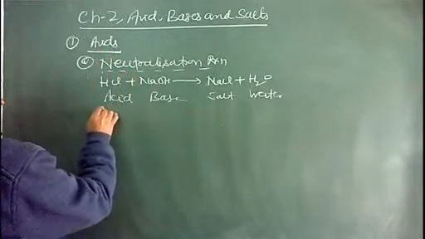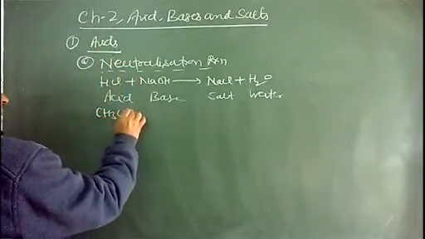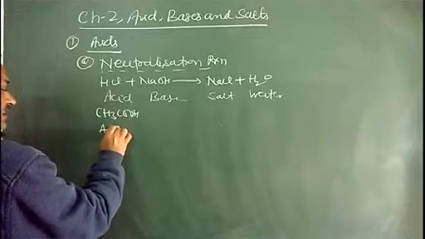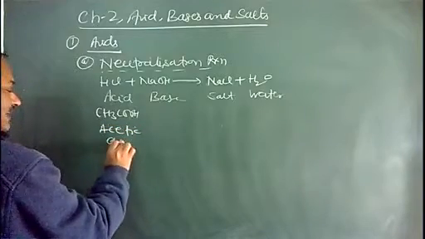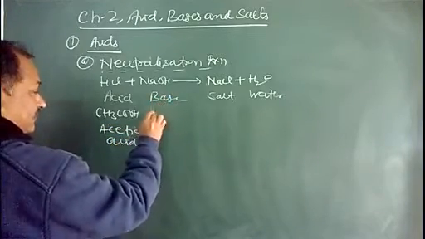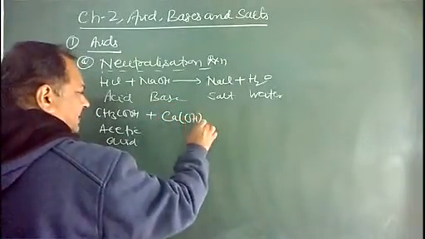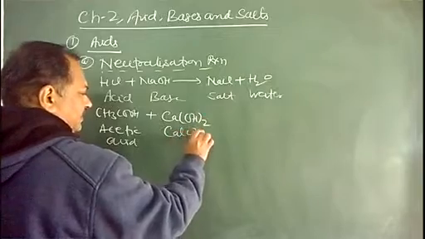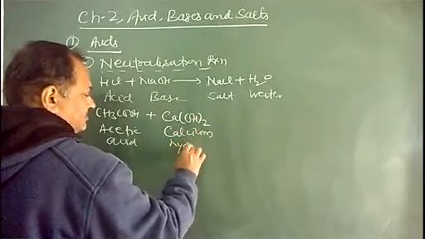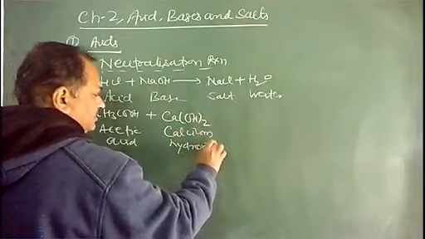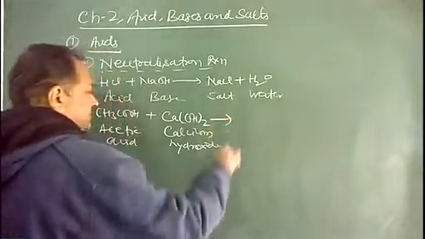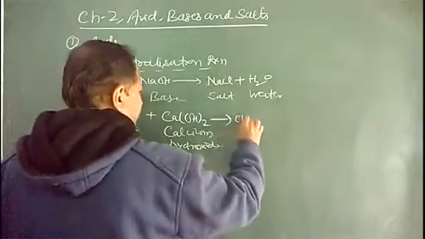Say for acid, I am taking a weak acid, CH3COOH. This is acetic acid. And if we take a base, let it be calcium hydroxide.